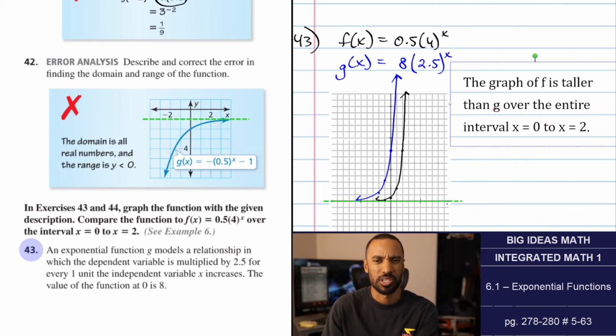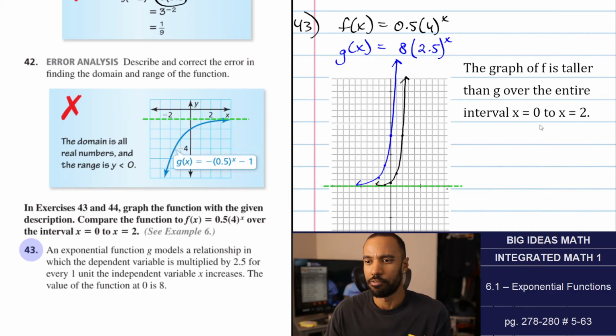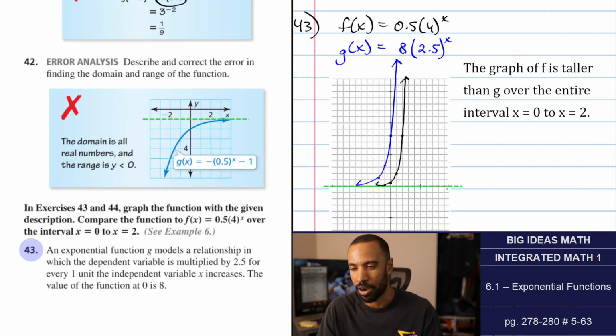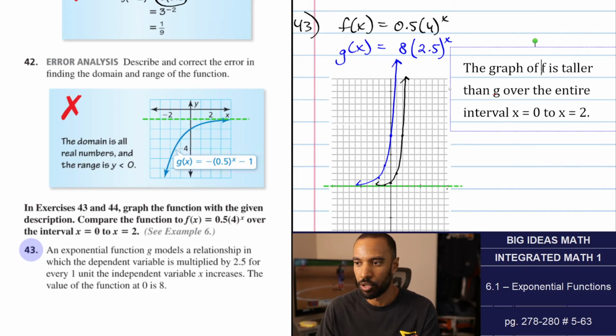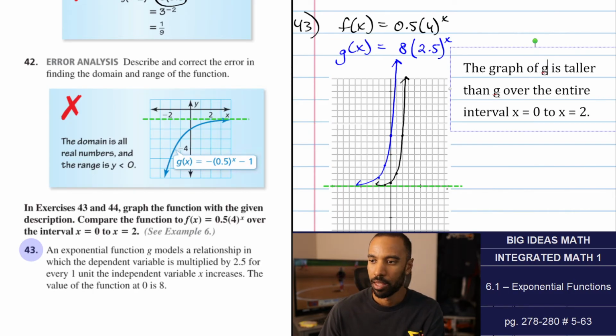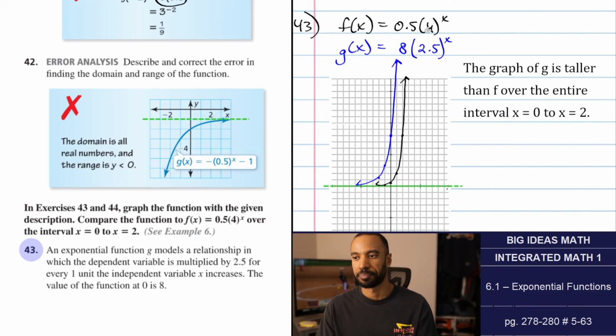I don't really know what they want me to say on that, because the lecture version had two that shared the same y-intercept. So there was actually something to compare. This one here, nothing really crosses over at any time, so I don't really know what they want me to say. But over the entire interval, it's different. I'm sorry. This is G. This is G in blue. This is F in black.